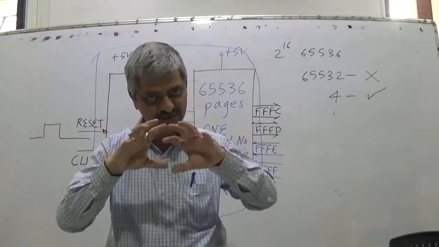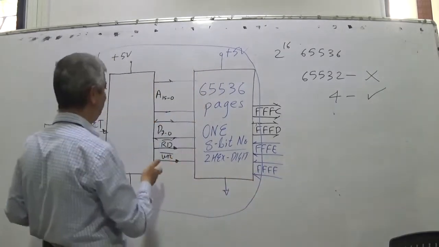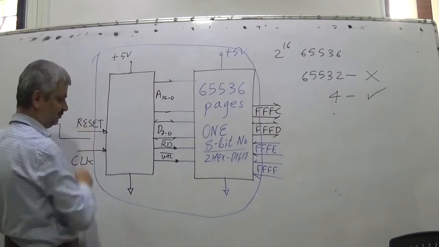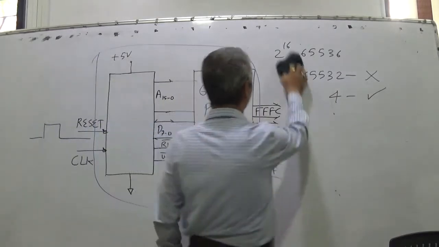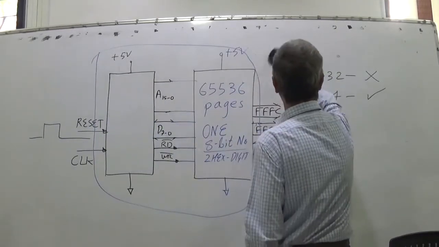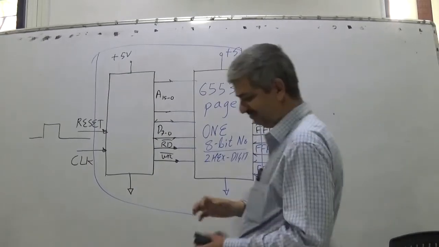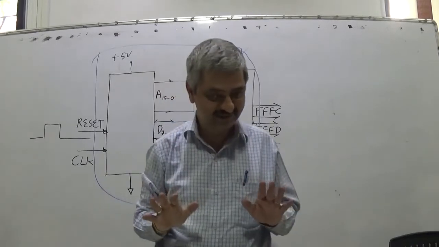So it will be a chip which is having 32 pins. So what we can have is a microcontroller, a very crude definition I am giving.